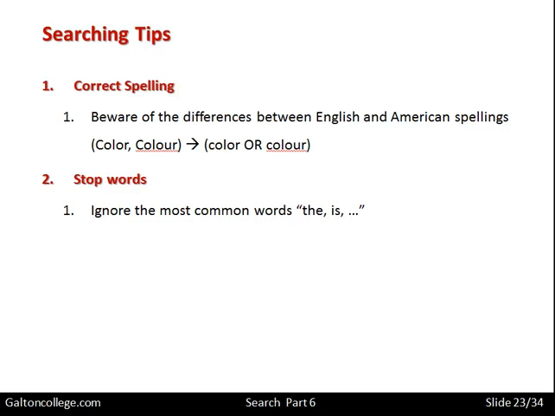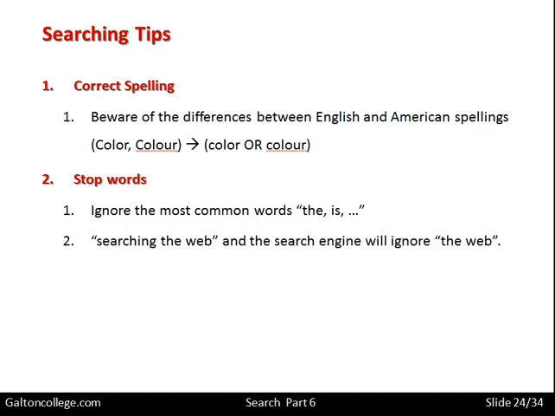It'll ignore I am interested in, and it'll go searching for Ford cars. So these are stop words. So the search engines are programmed to ignore certain words. If we really want those words in, we can put them in inverted commas and they will be included in our search.